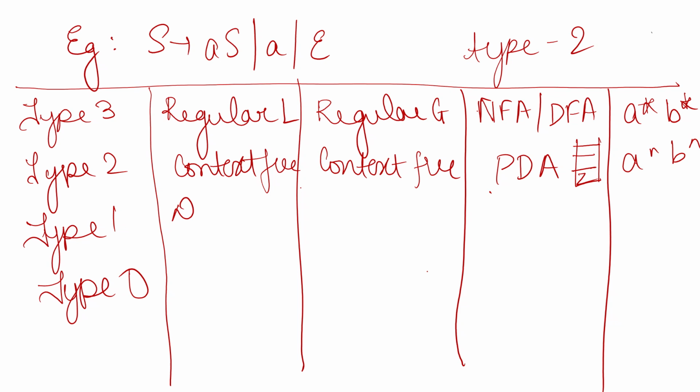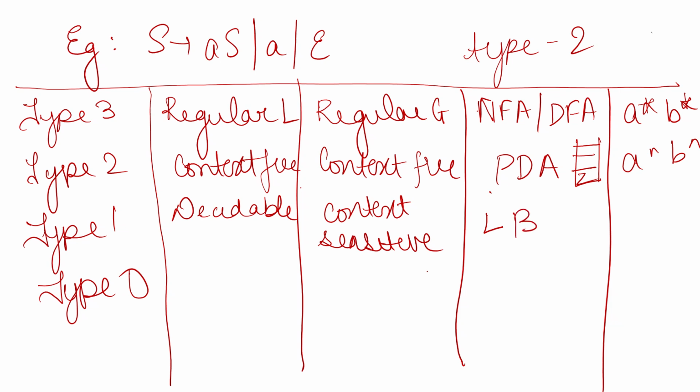Type 1 is known as context-sensitive language, and here we form a linear bounded automaton. We will not be covering this, but for your information, A raised to power n, B raised to power n, C raised to power n is the example.